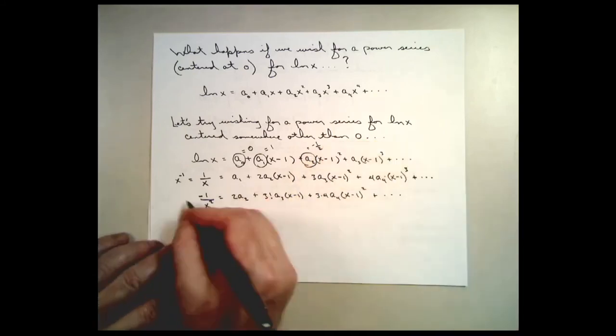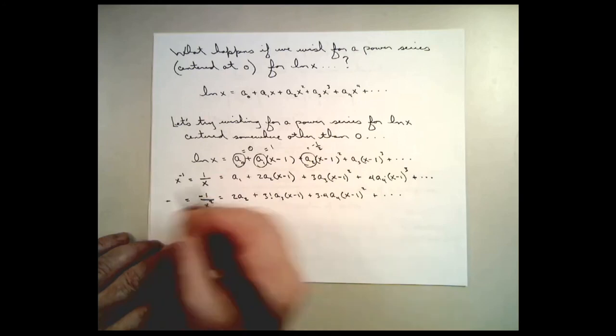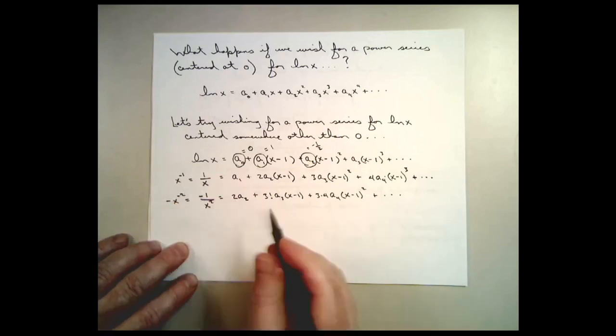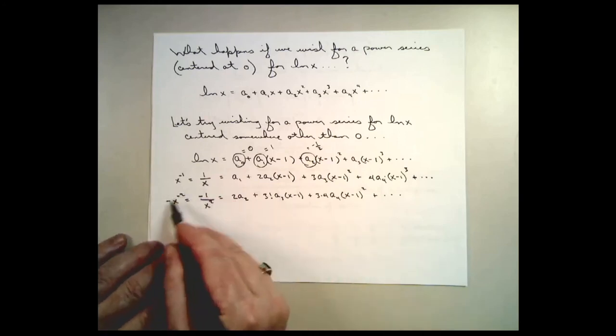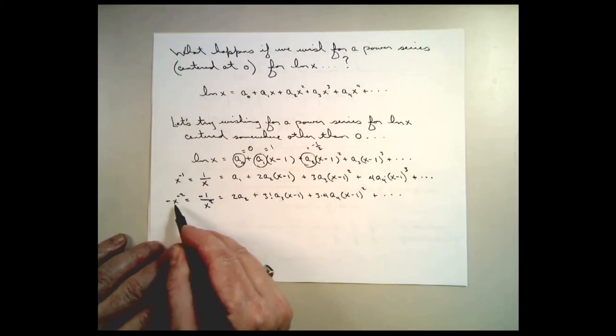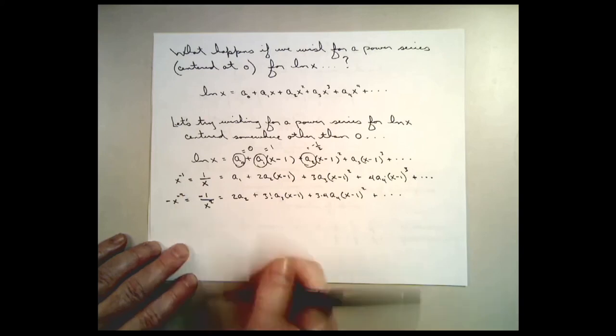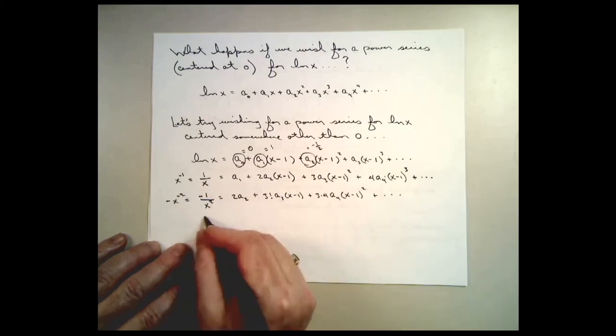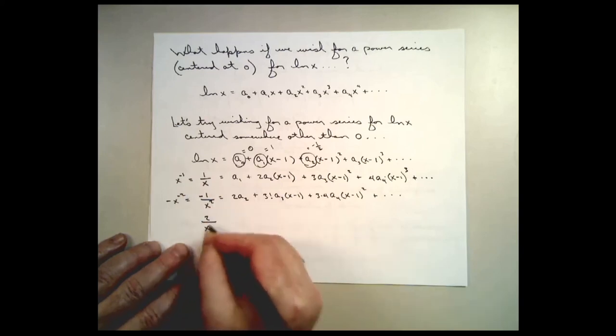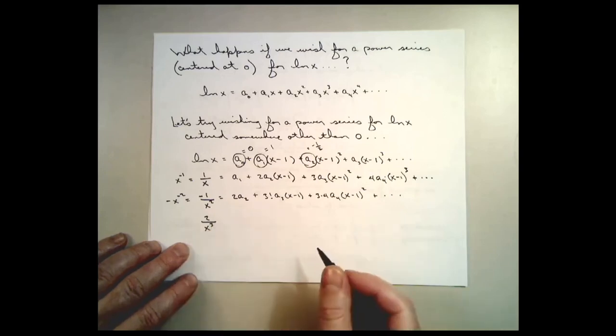One more time. This was negative x to the negative second. Whenever I take its derivative, I'm going to get 2 times x to the negative third. So I'm going to get 2 over x cubed.